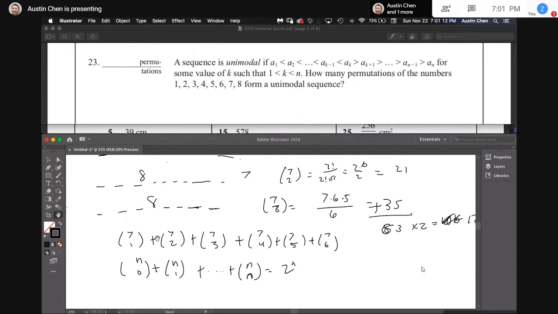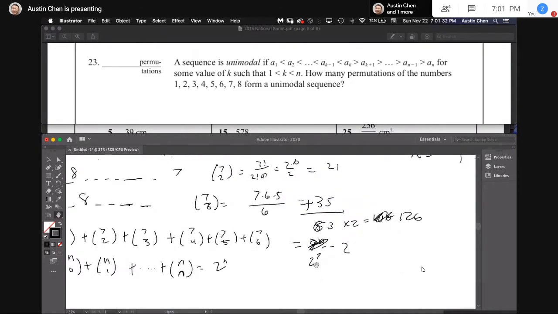So this sum will equal 2 to the 7th minus 7 choose 0 and 7 choose 7. But 7 choose 0 and 7 choose 7 are just 1, so we just need to subtract 2. I meant to write 2 to the 7th power. Okay, so our answer is just 2 to the 7th power minus 2, which is 128 minus 2, which is 126, as we got before.